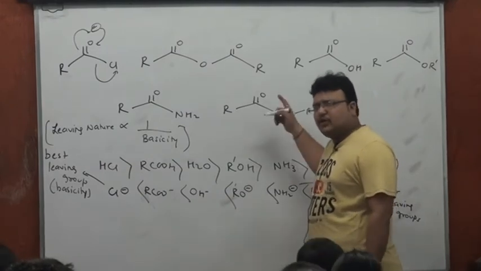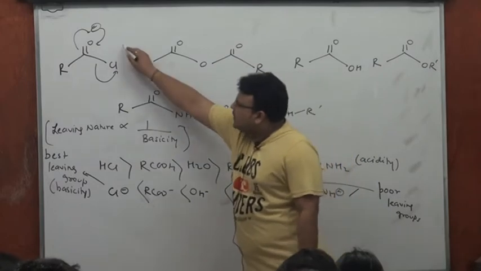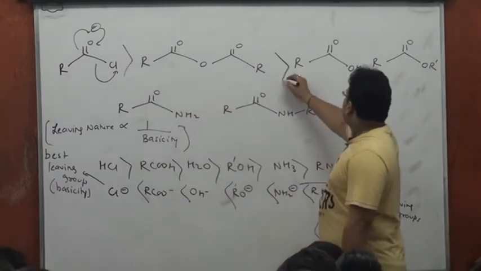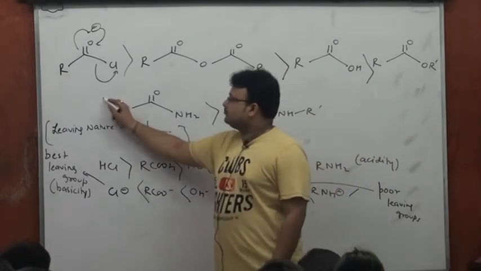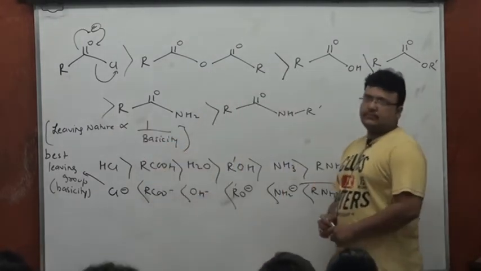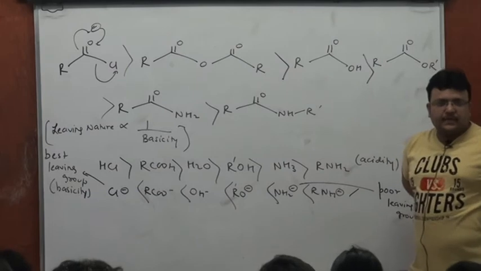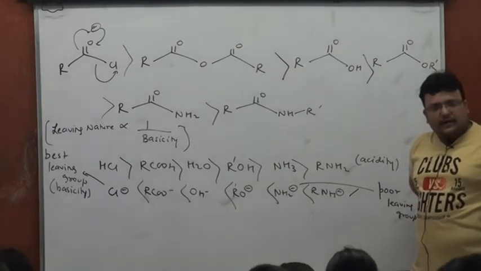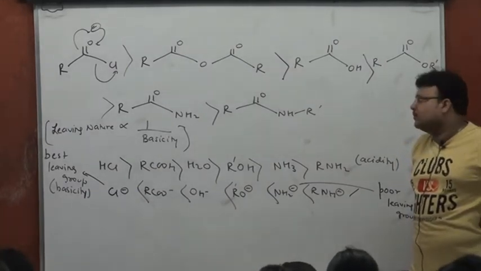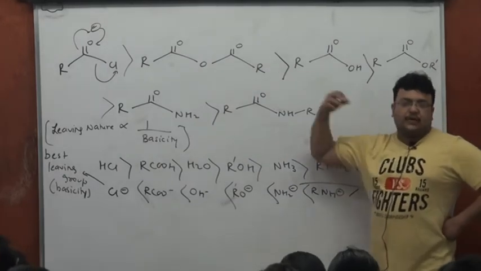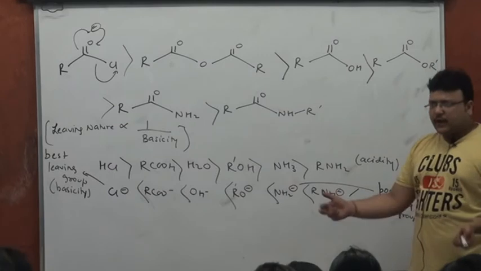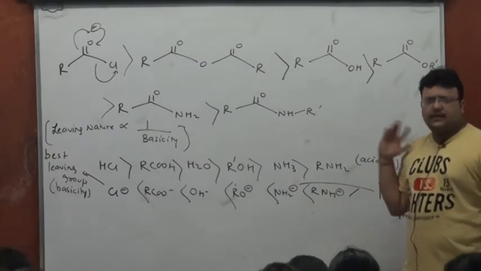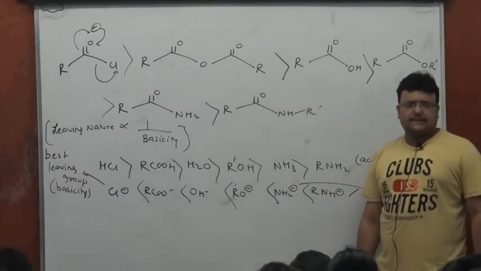So when it comes to the order of reactivity, this has to be the order of reactivity towards transacyl reactions, because if it has to depend upon the leaving tendency of the groups, X minus has to go out to accommodate Y minus in any of the transacyl conversions.